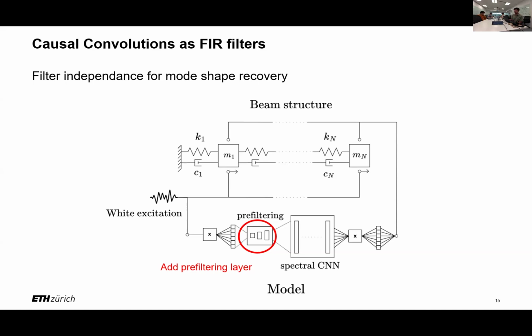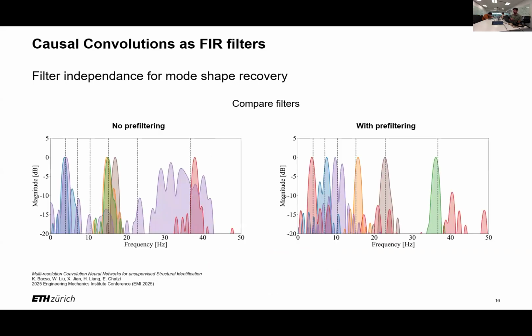And so again, we train on a simulated beam. Here I chose 6 degrees of freedom because it's high enough for it to be tedious to calculate for humans, but it's still easy to visualize. So adding this pre-filtering, we can plot the different impulse responses for the different filters.